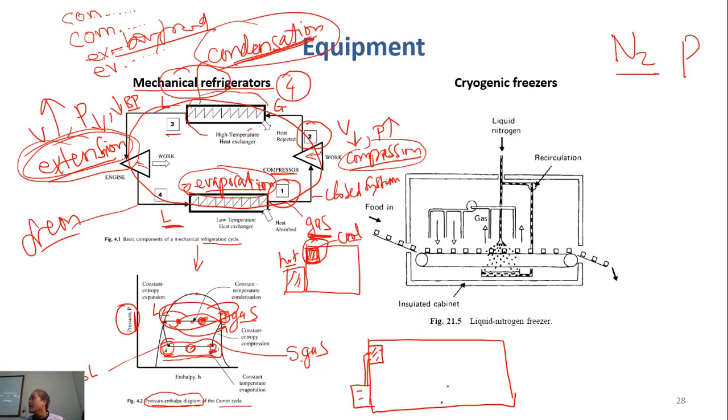Looking at these two stages, which one absorbs the heat? 4-1. 4-1 is boiling, and boiling means it absorbs energy. So the 4-1 happens in here. It takes the heat from the air, cools down the temperature of the air, and you feel good.